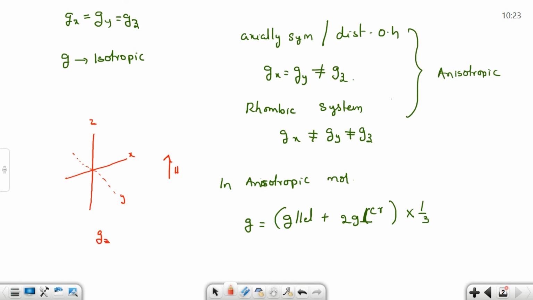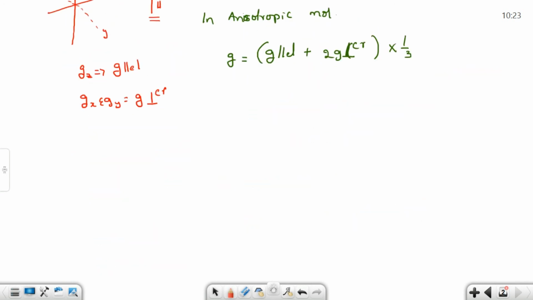That's why Gz is going to be written as G parallel, where the x and y axes are exactly perpendicular to the applied magnetic field. That's why Gx and Gy are going to be written as G perpendicular. So how to calculate the G value for an anisotropic molecule? G is equal to G parallel plus 2G perpendicular into 1 by 3.